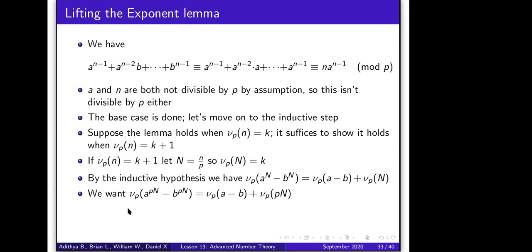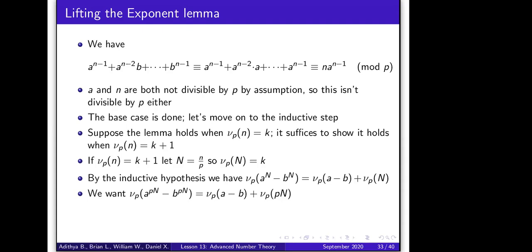So how might we go about doing this? We have the second to last bullet as an assumption, and we want to prove the last bullet. Yes, we can do a factorization.